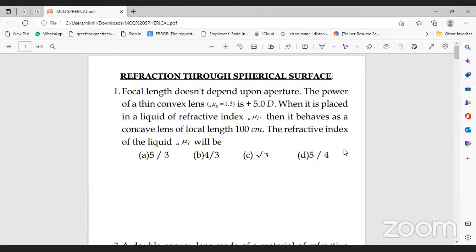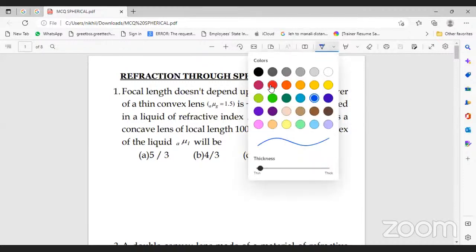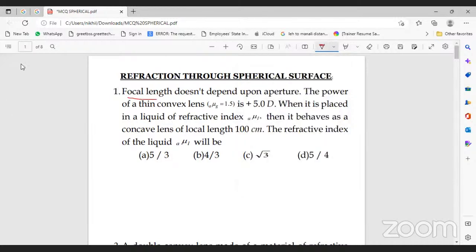What is given? Focal length does not depend on aperture, fine.